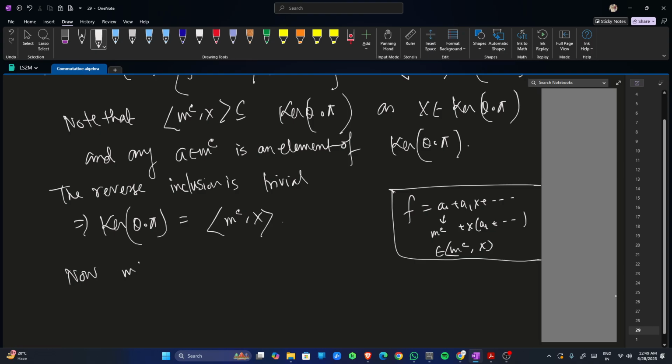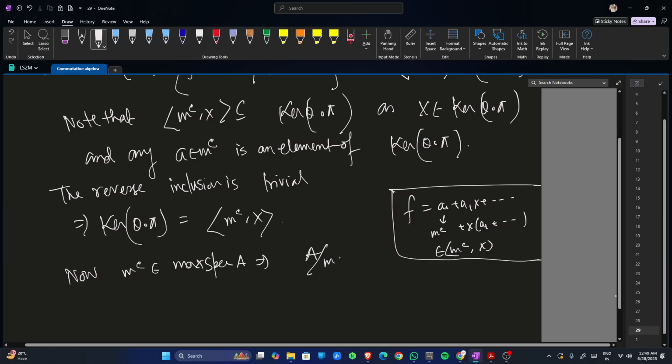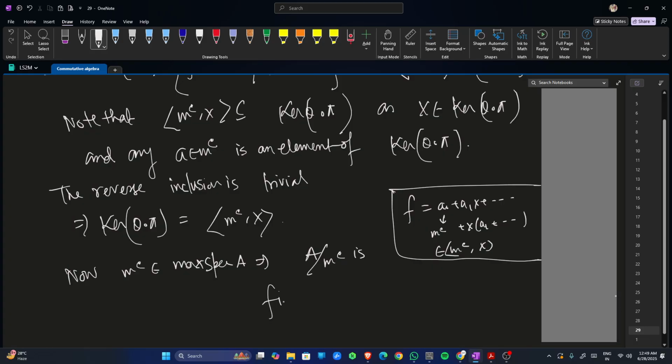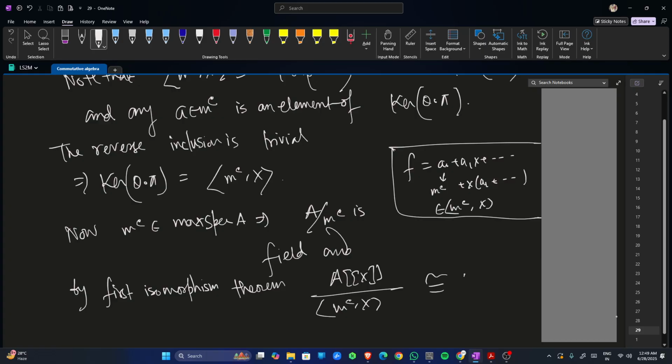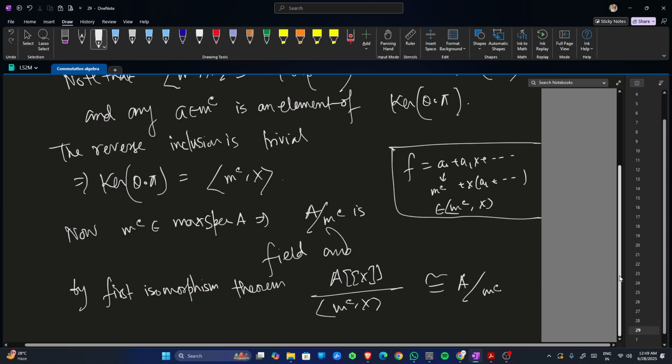Now m contraction belongs to max spec, which implies A mod m contraction is a field, and by the first isomorphism theorem, this quotiented by m contraction comma x is isomorphic to A mod m contraction.